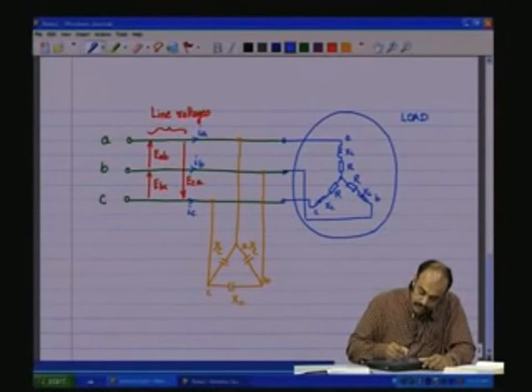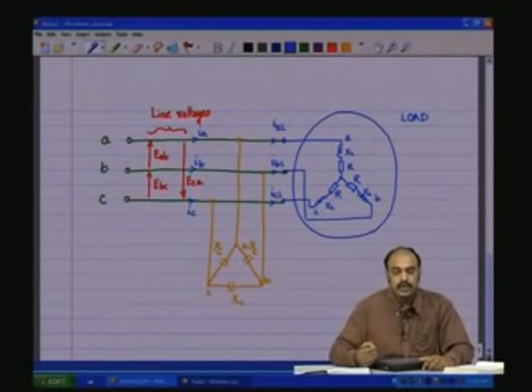Now, at this point, let the currents get split between the capacitive reactive load and the RL load. Let us distinguish them by the following symbols. We have IAL, IBL, ICL.